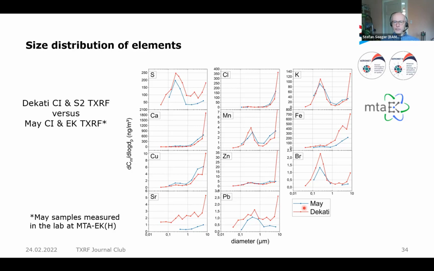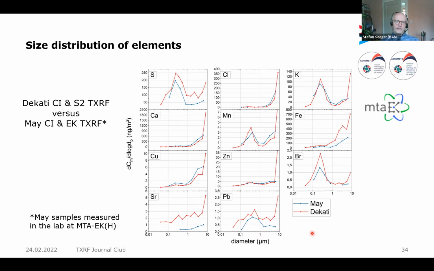And we did that, or we tried to do that, but that results again in a kind of bigger discrepancy between these two impactors at the coarse end. But for several elements here we have quite nice correspondence, even though the geometry of the deposits is slightly different and we use different TXRF spectrometers here.